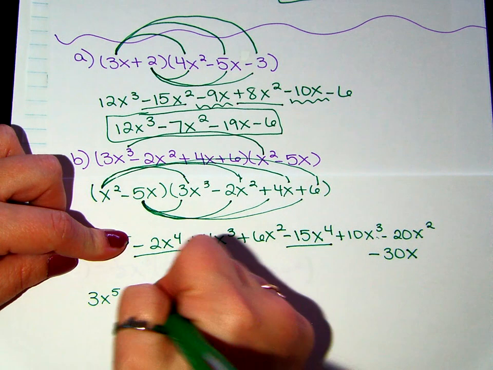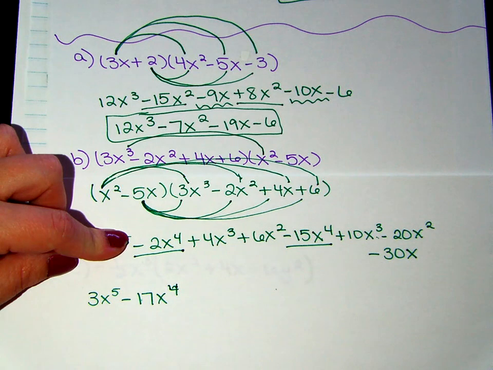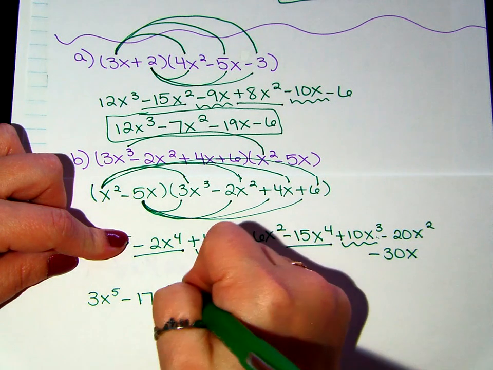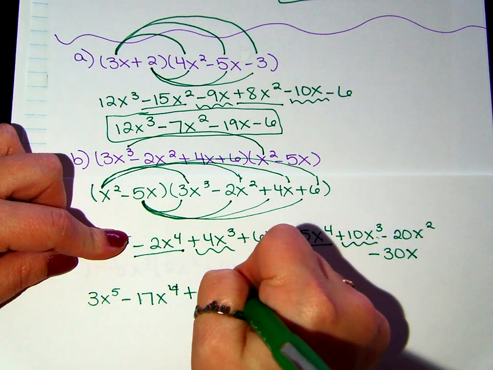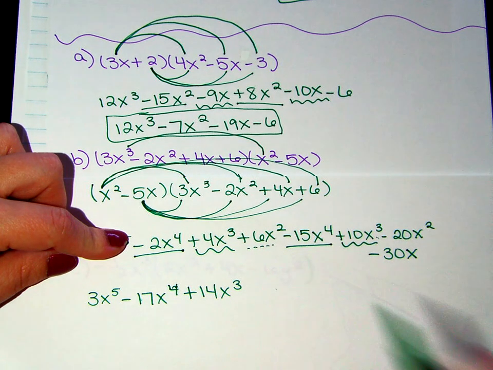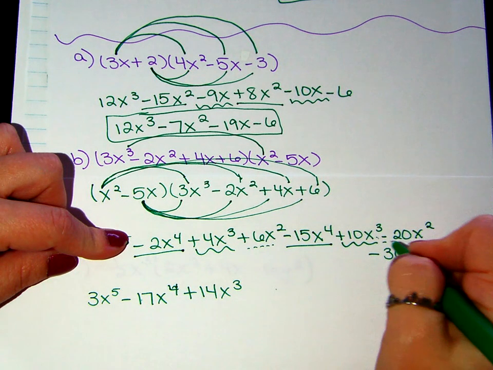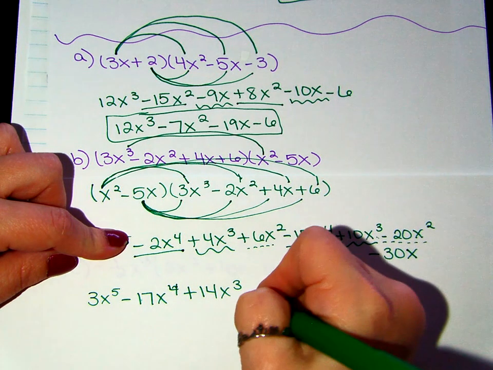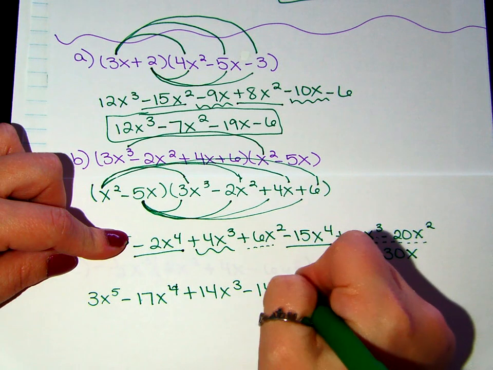I have a 4x to the third and a 10x to the third, giving me 14x to the third. I have a 6x squared and a negative 20x squared. That'll give me a negative 14x squared. And then I have this minus 30x tagged on at the end.